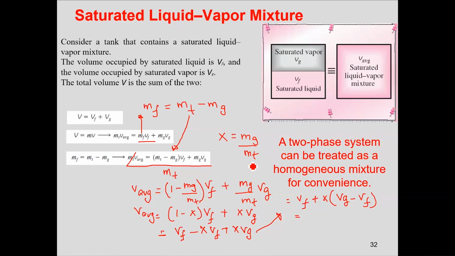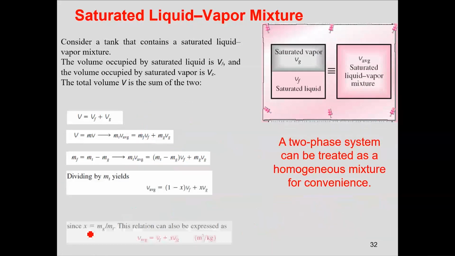So you will have this expression with you, where you can write Vf plus x Vfg. If I summarize it, you'll have this expression for the average value. That means the average value is Vf plus x multiplied by the difference between the saturated vapor and saturated liquid.